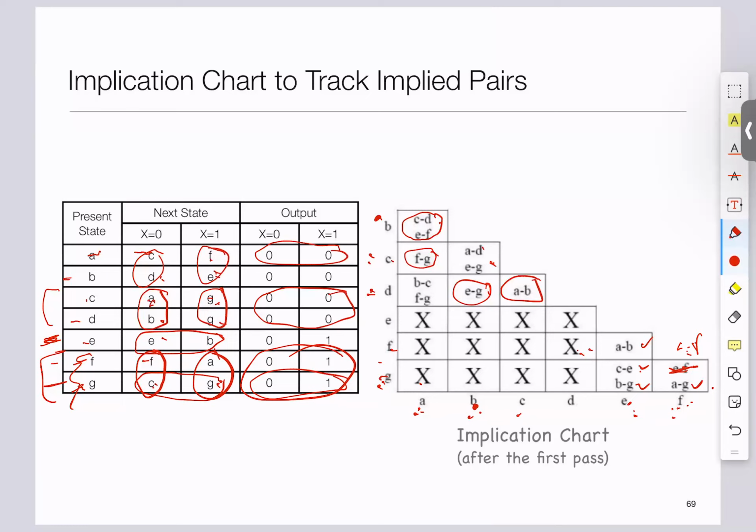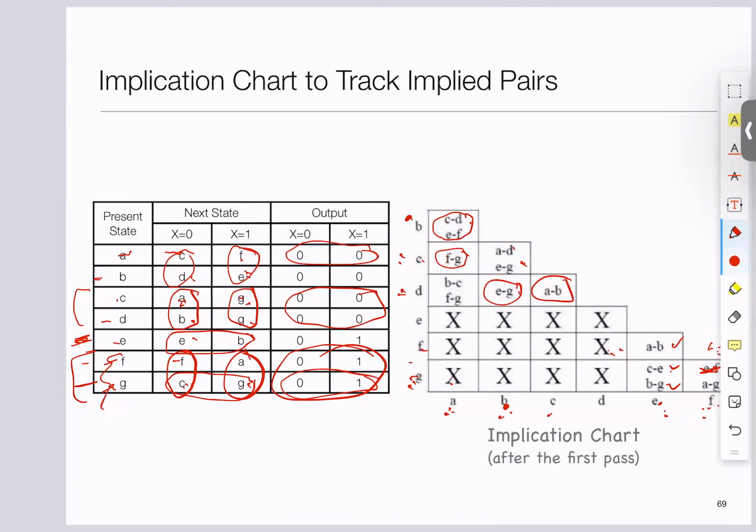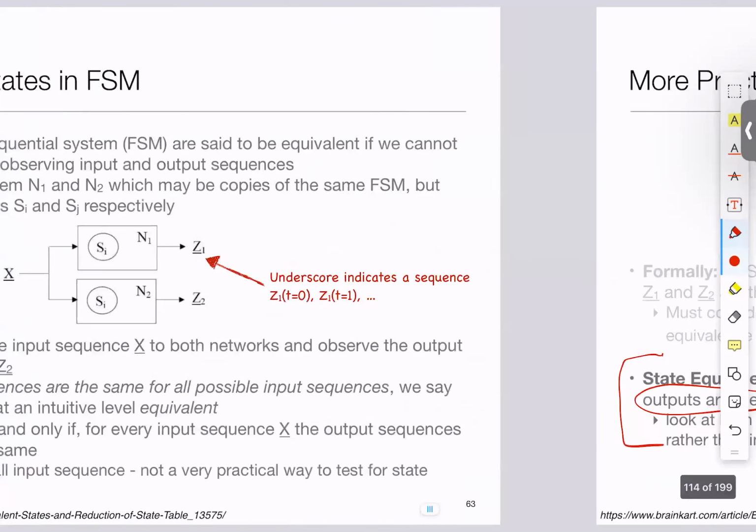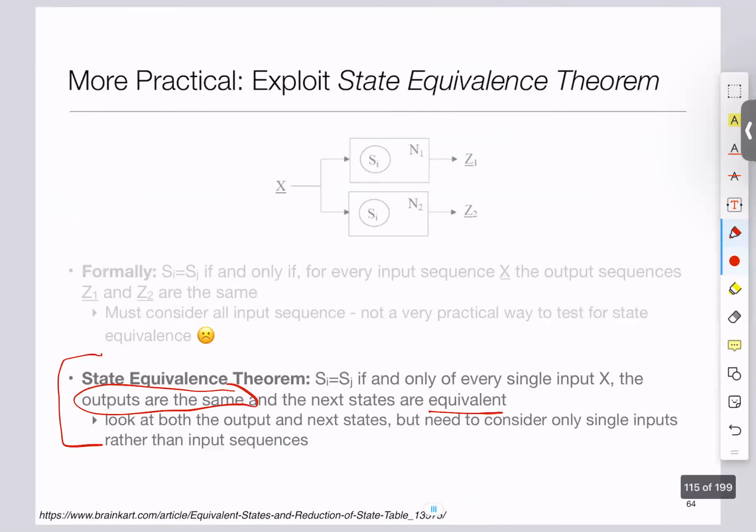No, but remember the requirement is that under the same input, they should go to equivalent states, not to themselves. Go back to our theorem. Our theorem says two states are the same if, given a particular input, they output the same value, and they go to two states which themselves are equivalent, not that they go back to themselves.